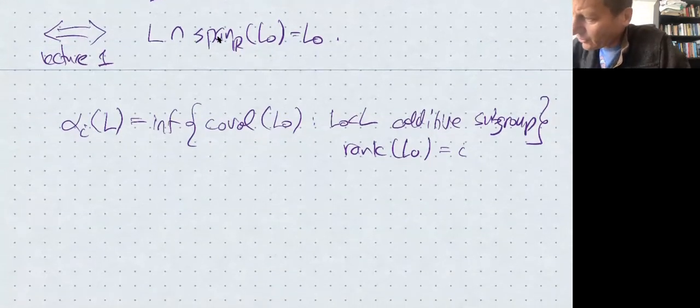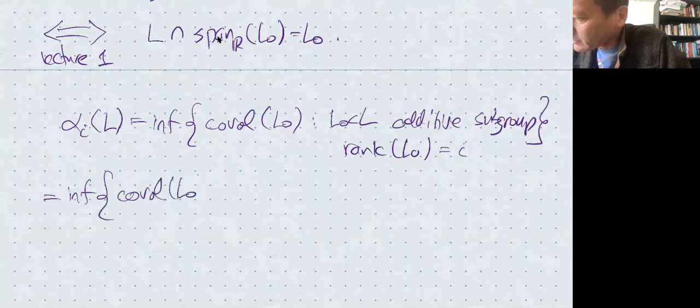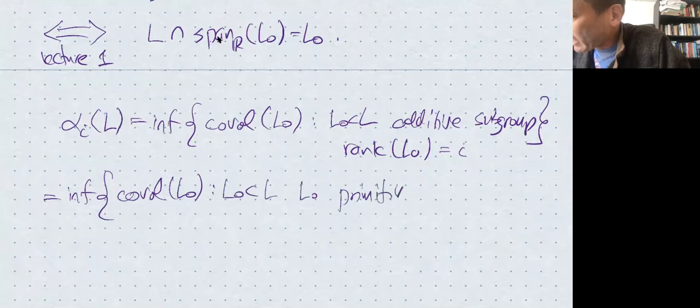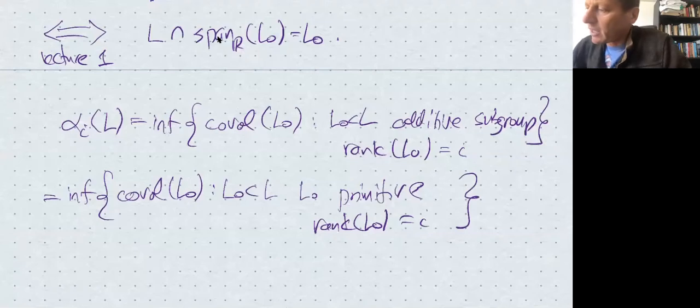So let me also say that this number can be thought of slightly differently as follows. I can add another condition, namely that this additive subgroup is primitive, and that won't change the infimum.